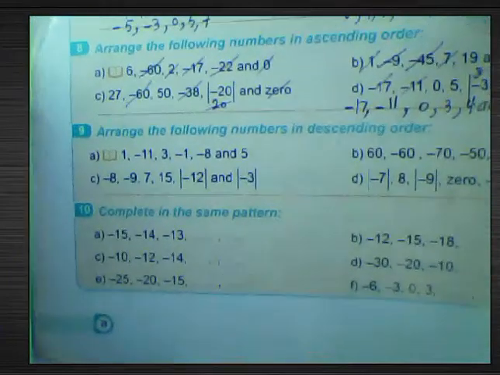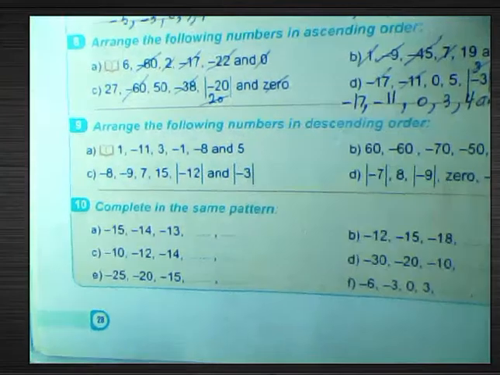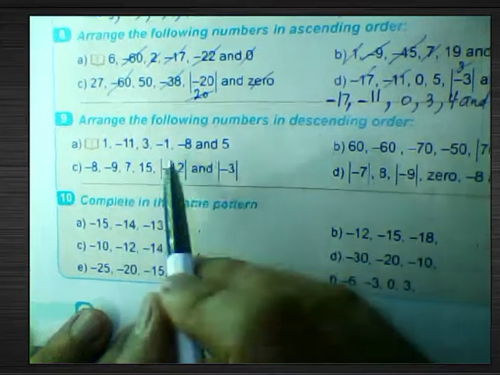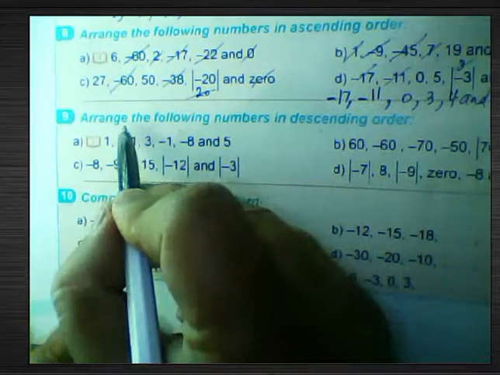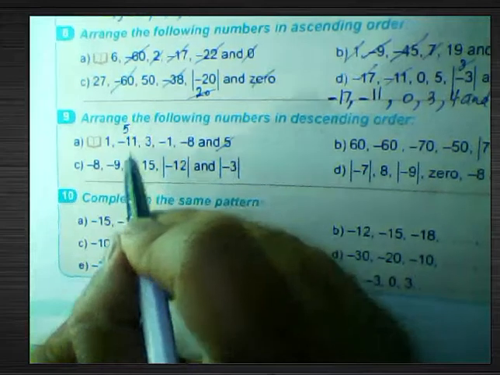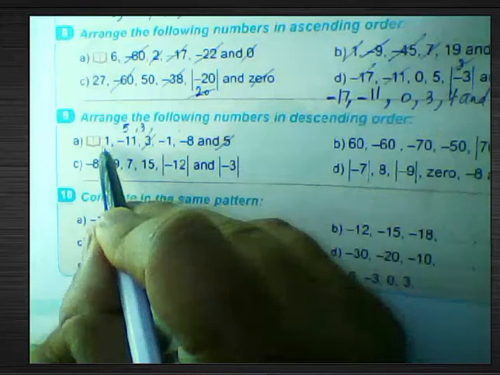Arrange the following numbers in descending order. Descending, from greatest to smallest. Okay. 5, this is the greatest number. And 3 and 1.